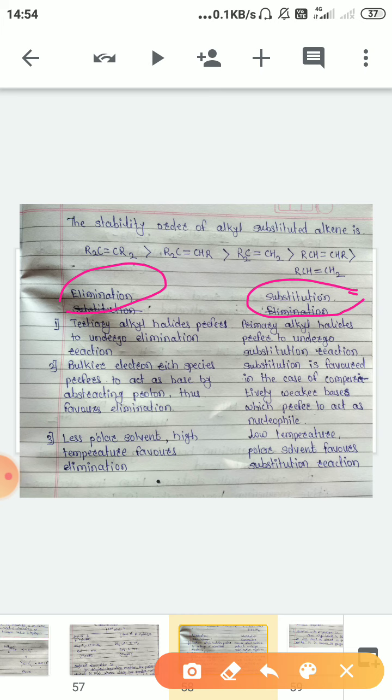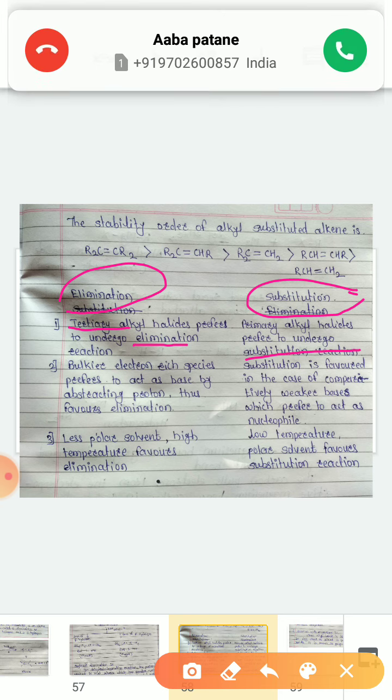Generally tertiary alkyl halides undergo elimination reaction while primary alkyl halides prefer the substitution reaction. The tertiary alkyl halides are sterically hindered and therefore need relief from the strain, so they tend to undergo elimination reaction, while the primary alkyl halides are not sterically hindered and can easily undergo substitution reaction.